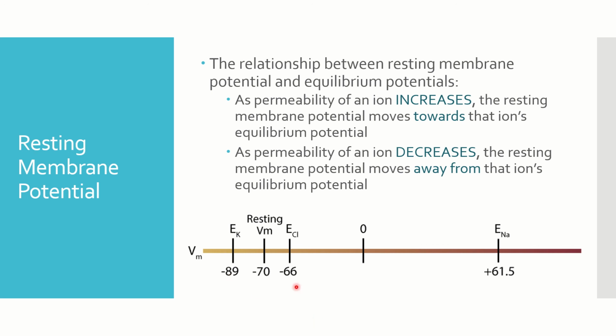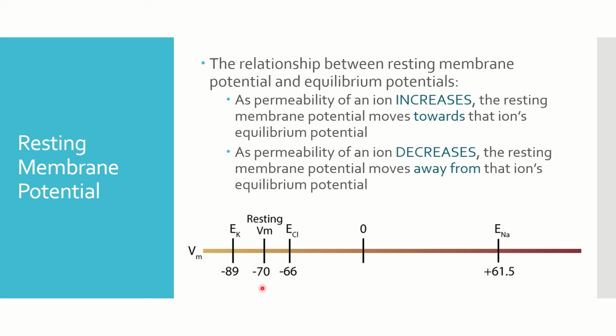Potassium and chloride ions were very permeable through the membrane, and these are their equilibrium potentials: negative 89 for potassium and negative 66 for chloride. We can see that our resting membrane potential at negative 70 millivolts, the average voltage at which ions tend not to move, is right in between those, pretty much.